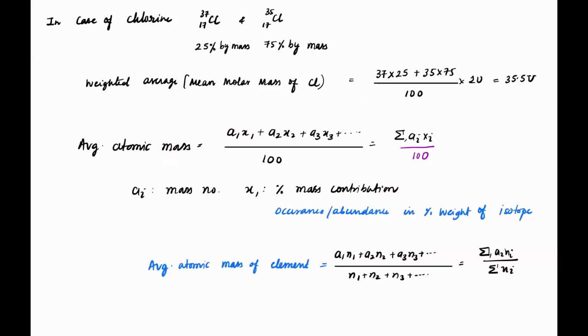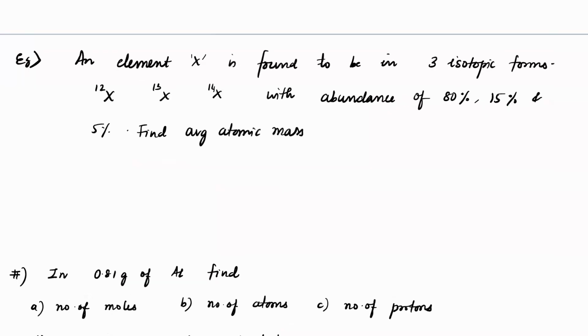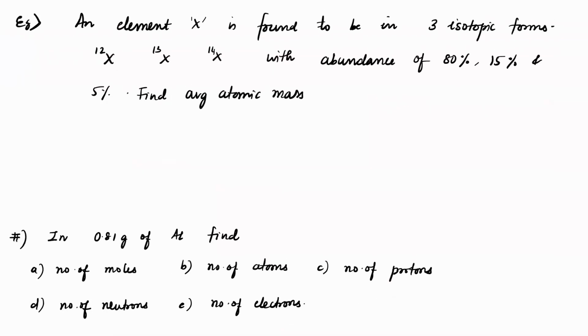Right. So use this idea to calculate the answer for this question. Suppose there is an element X and it's showing three isotopic forms, 12, 13, 14, with an abundance of 80, 15, and 5 percent. What is the average atomic mass? So how do we do that?